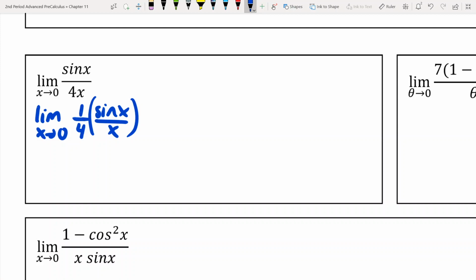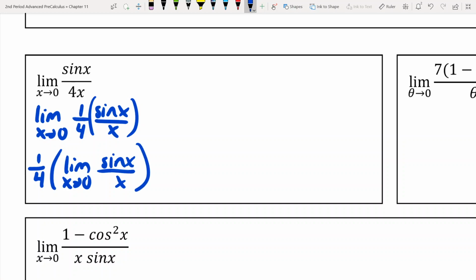Now 1/4 is a constant, and just like we can pull constants out of parentheses, we can do the same thing with limits. So we can put the 1/4 in front, and then the limit as x approaches 0 of the sine of x over x.